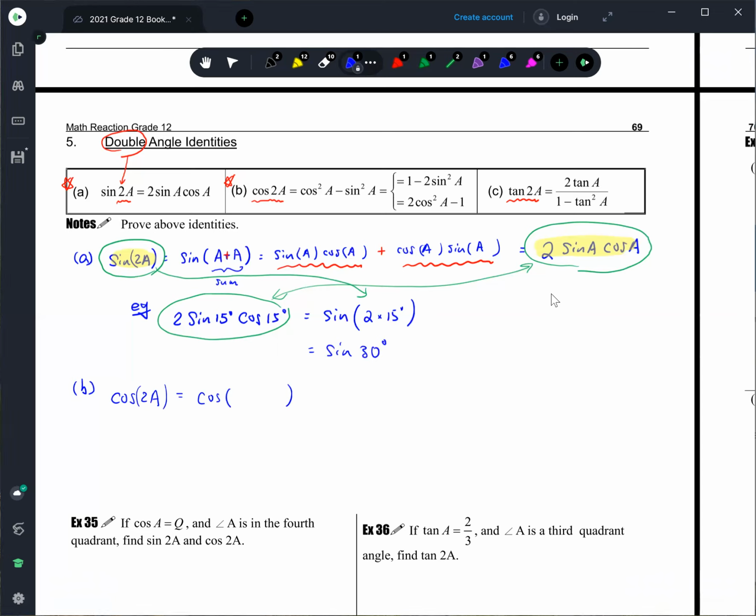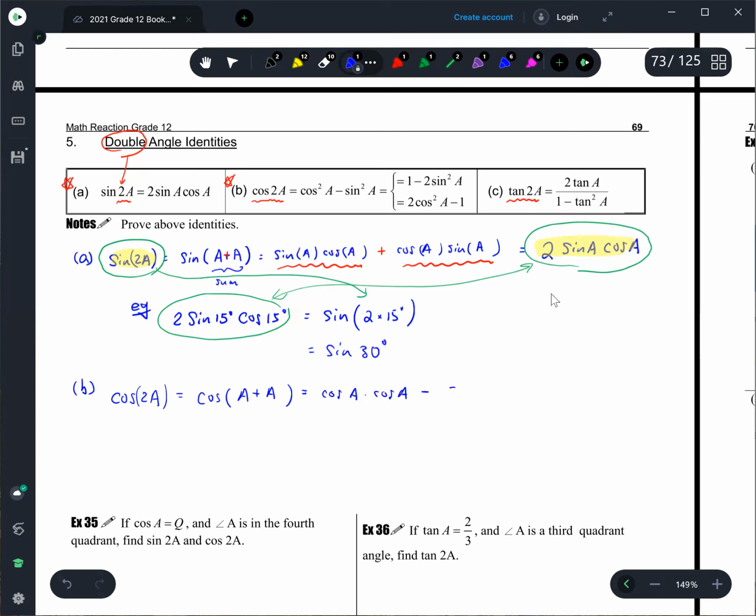A plus A. Okay, let's continue from there. Angela, you can carry on. If I want to use the formula, how do I plug it in? Cosine A times cosine A minus sine A times sine A. Yeah, very good.